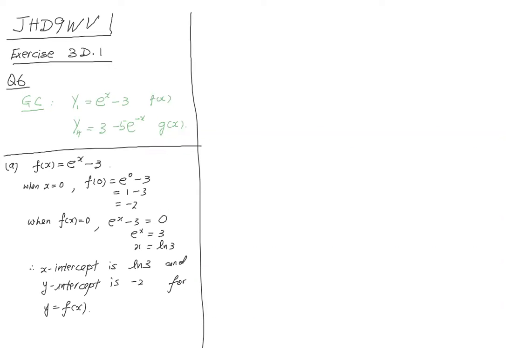After you finish y equal to f(x), you now do the same thing for g(x). Hao Xuan, what should I do first? If I want to find the y-intercept for g(x), what should I do? x equals 0.